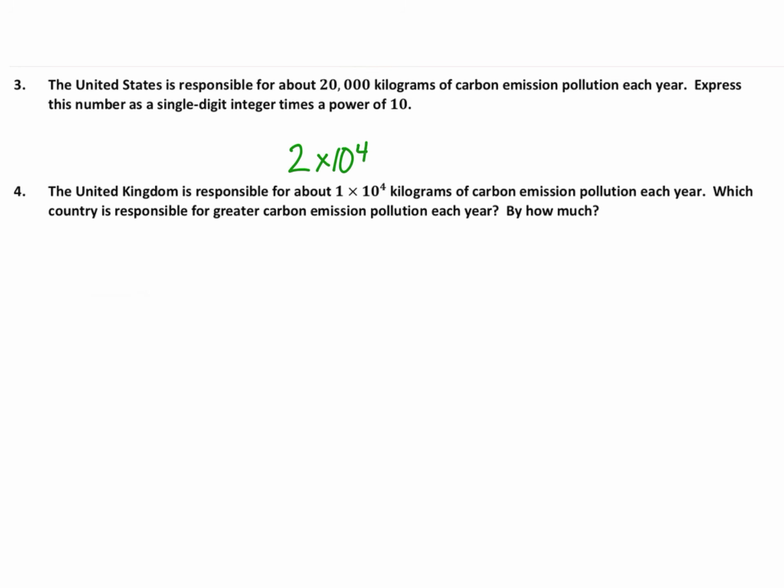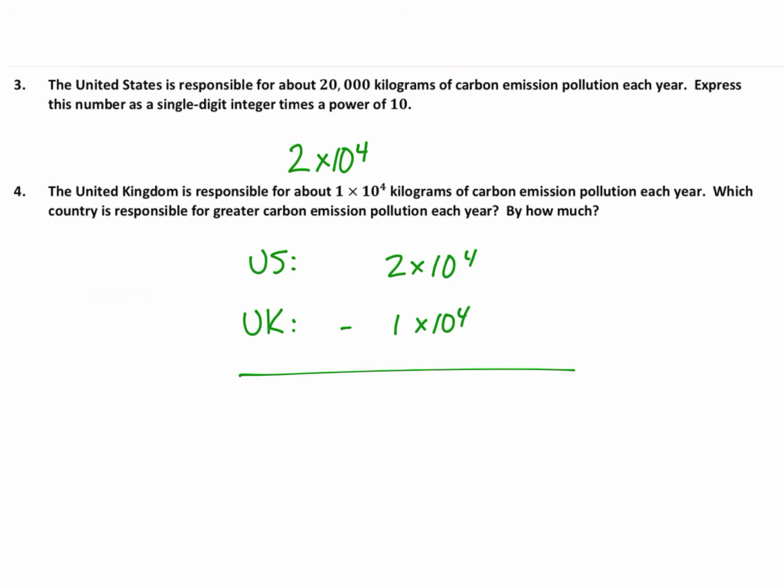The UK, or the United Kingdom, is responsible for about 1 times 10 to the 4th kilograms of carbon emission pollution each year. Which country is responsible for greater carbon emission pollution each year, and by how much? So the US has 2 times 10 to the 4th, and the UK has 1 times 10 to the 4th.